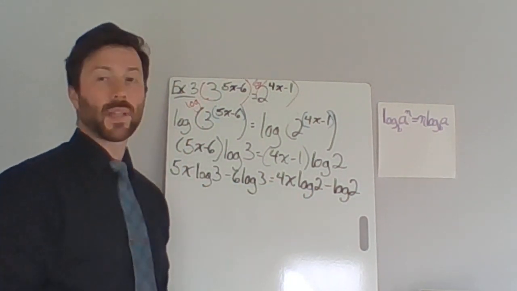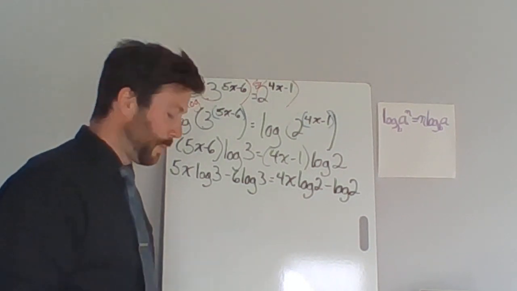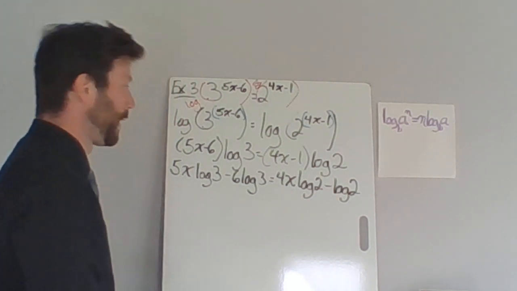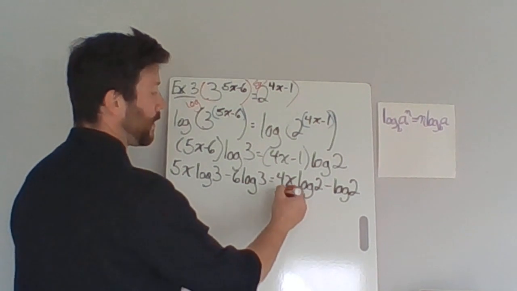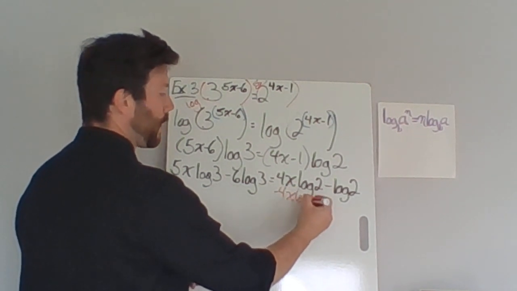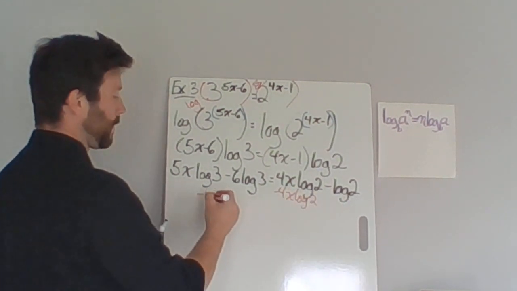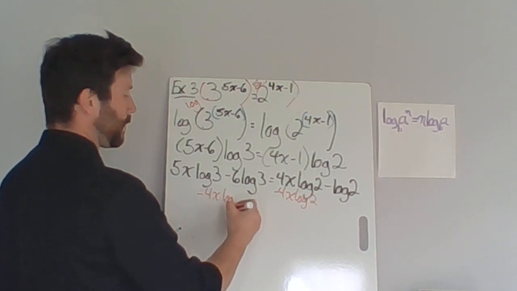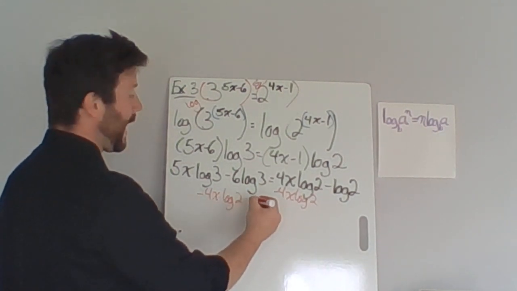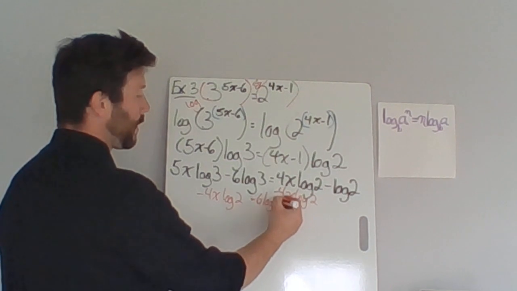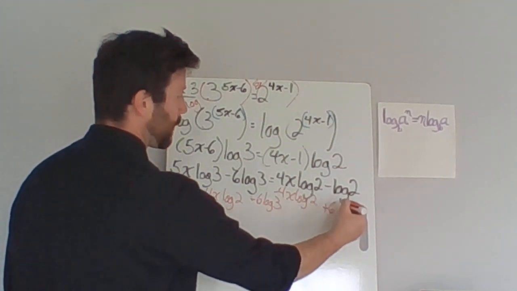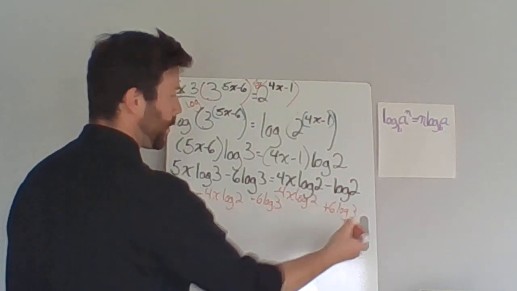I've got x's on both sides of the equation. I need to get them on the same side. So I'm going to do two things at once here. I'm going to subtract 4x times the log of 2 from both sides. And I'm going to add 6 times the log of 3 to both sides.